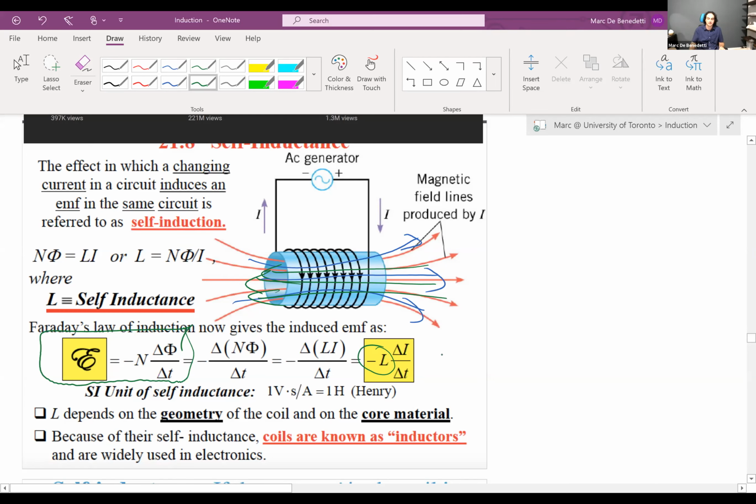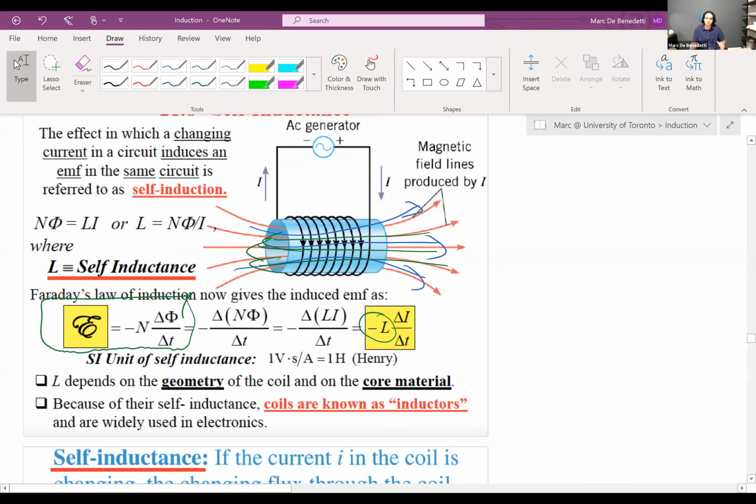Well, I guess there is an L in self, but I don't know why they didn't call it S for self-inductance. If I was in charge of naming conventions, I would have retired by now. Let's put it that way. So we'll just use whatever convention they use. They use capital L, just like angular momentum was capital L. I don't really know the logic behind where the capital L came from in this case, but anyway, capital L is a function of geometry and core material.